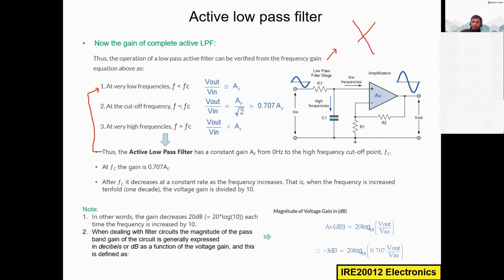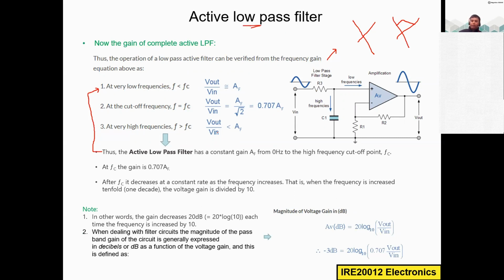In case 2, when F is equal to FC, the graph starts to fall down. That is 0.707 AF, the minus 3 dB level. And at high frequencies, we want the output to go to 0 because this is a low pass filter.